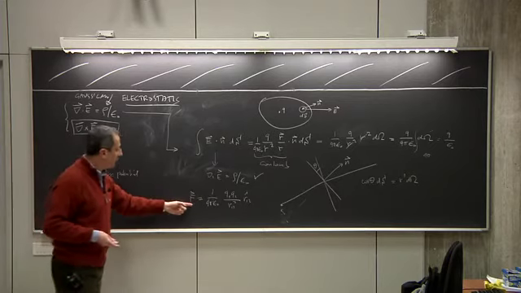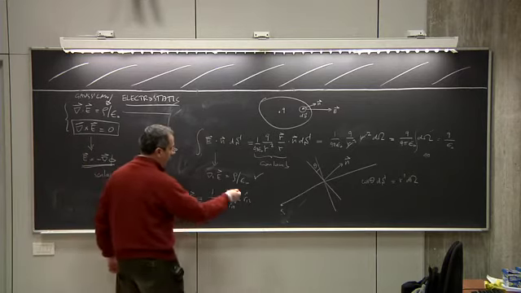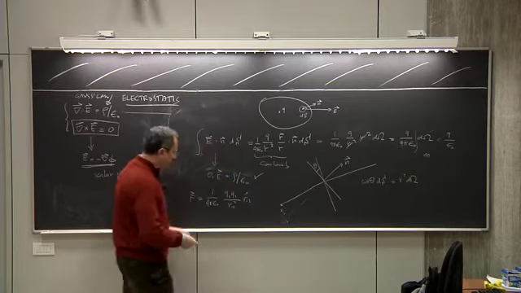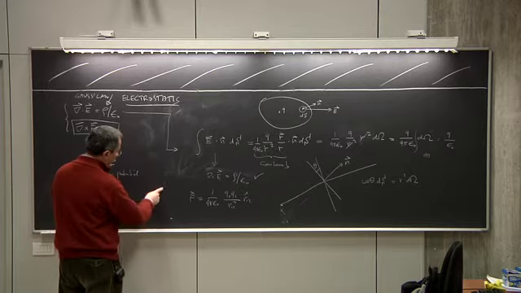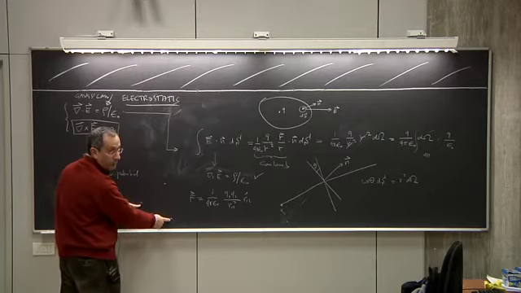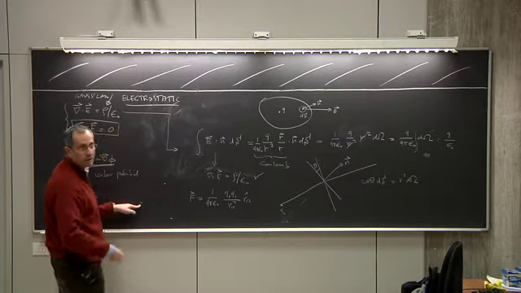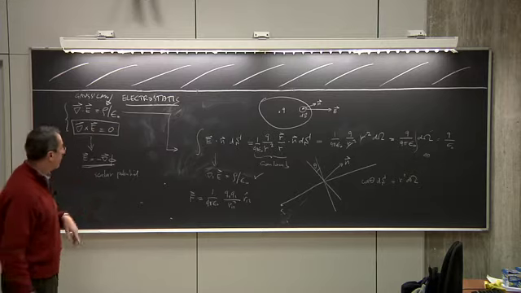So this was for two charges, but I can add a third charge. So the Coulomb force on this charge from this one simply adds to the Coulomb force coming from the third charge and the fourth and the fifth and so on and so forth.